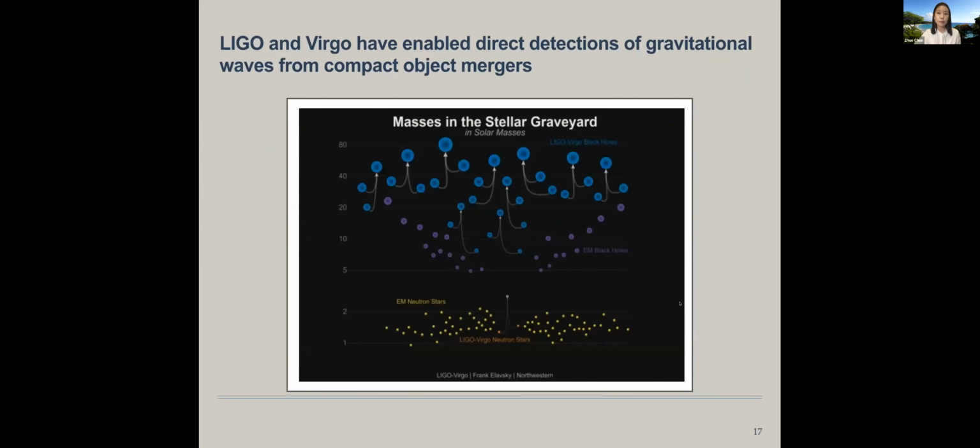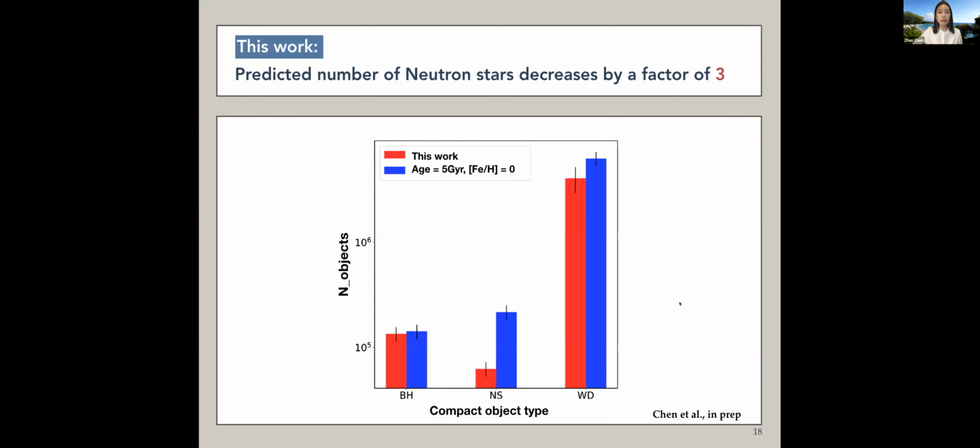Another interesting outcome of the star formation history study is the most accurate prediction so far of the number of compact objects, and their merger rates too, like stellar mass black holes and neutron stars, which is important for interpreting gravitational wave detections like those from LIGO. This plot shows the compact object predictions using the star formation history derived in this work, shown in red, compared to the predictions using the previously reported age and metallicity, shown in blue.